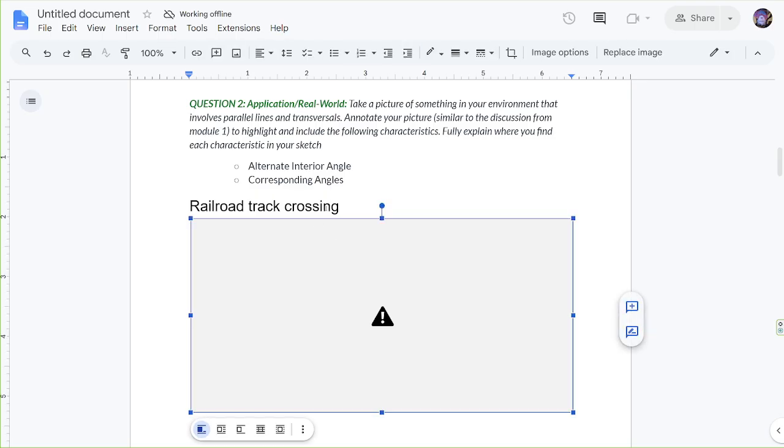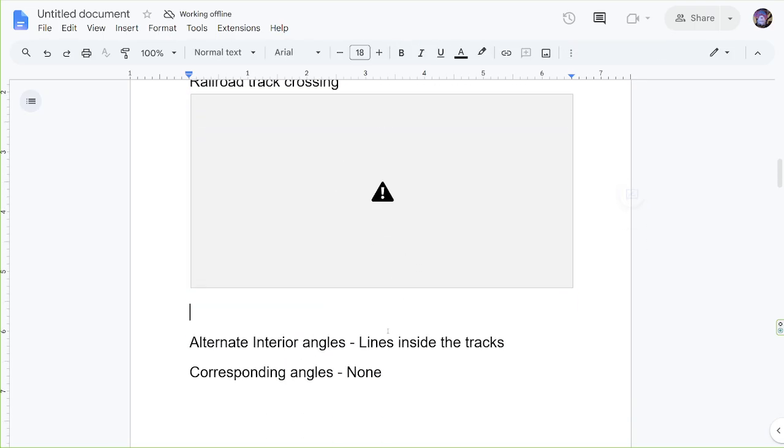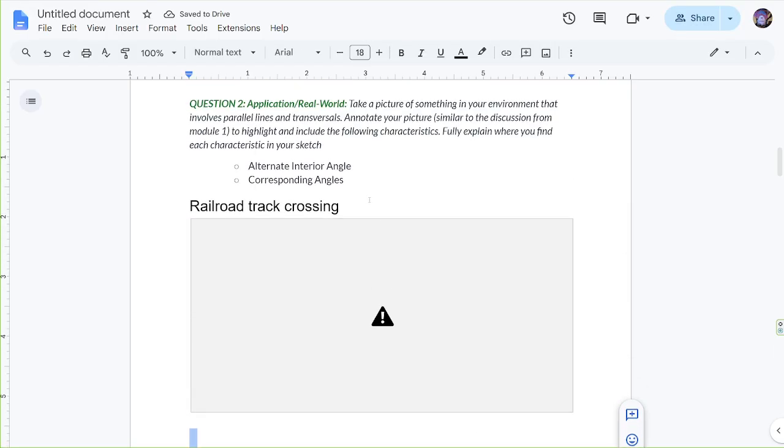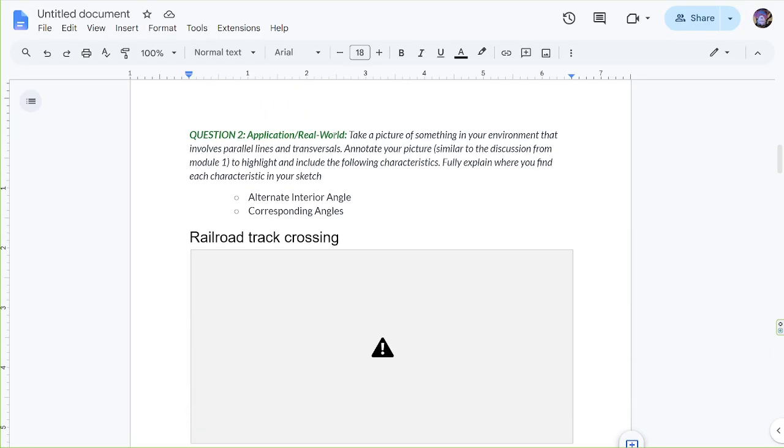And, alright, it looks like there is a problem with the image somehow. I'll just explain it. Take a picture of something in your environment that involves parallel lines and transversals.